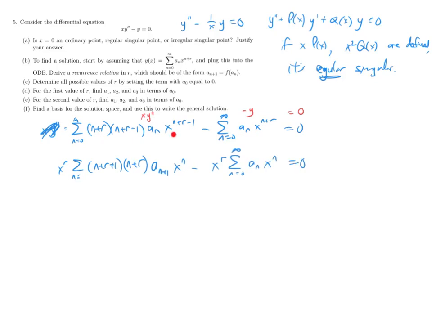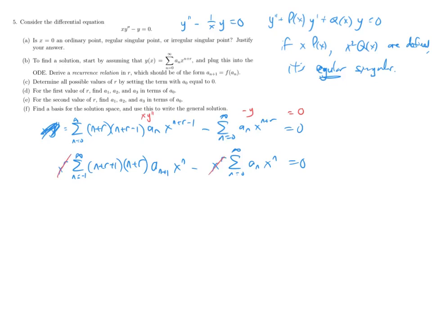Because we're shifting indices, you replace every n with n plus 1, but this n equals 0 becomes n equals negative 1 to infinity. Before you can combine these, you've got to pull out that negative 1 term. And right away, you can just divide through by x to the r, and that is going to go away.